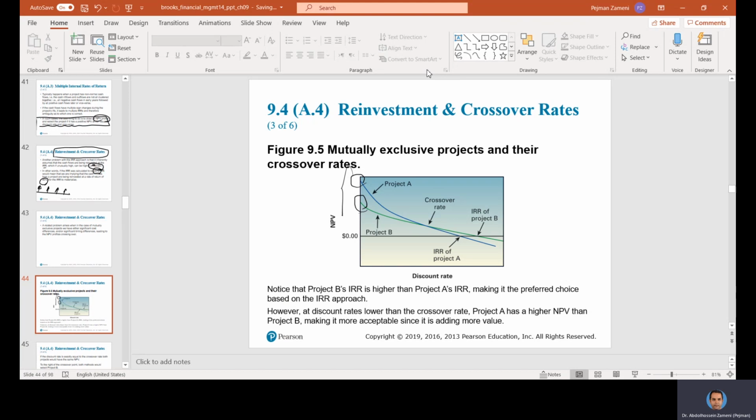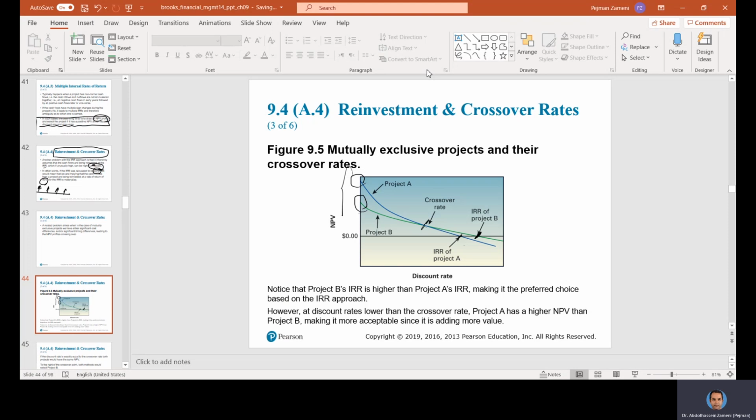But when we draw the net present value at different discount rates, and now we want to decide based on the IRR, see which one has a bigger IRR. Project B has a bigger IRR than project A. NPV is saying choose project A, but IRR is saying choose project B. Then which one are we supposed to refer to?